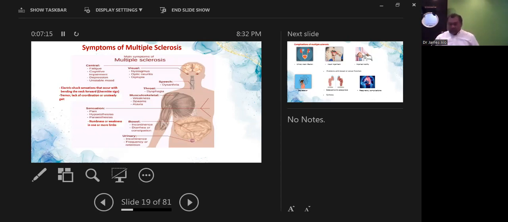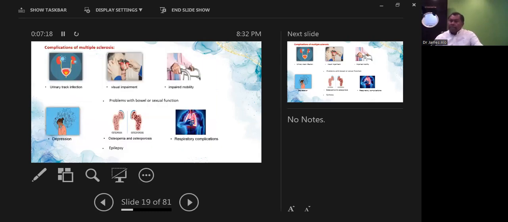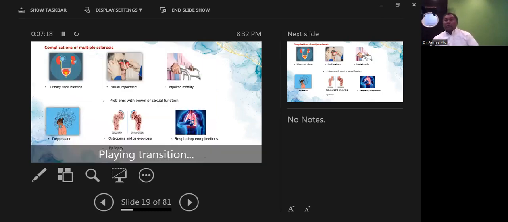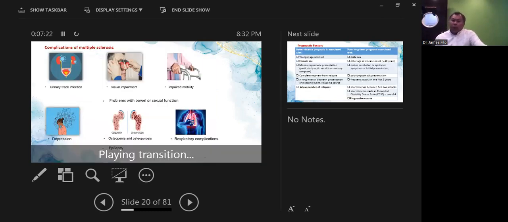So next, we are going to proceed with the complications of multiple sclerosis. We have urinary tract infection. This is one of the complications. And then we have visual impairment. Since cranial nerve number 2 is affected, they will be suffering from optic neuritis, so impairment of vision will happen.